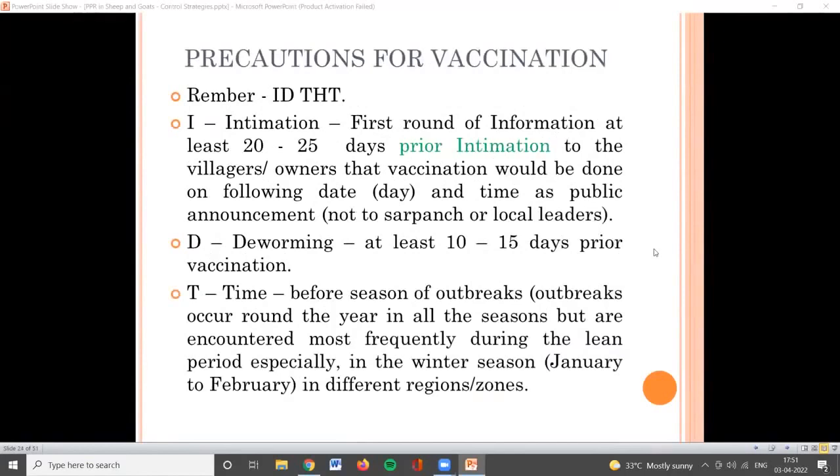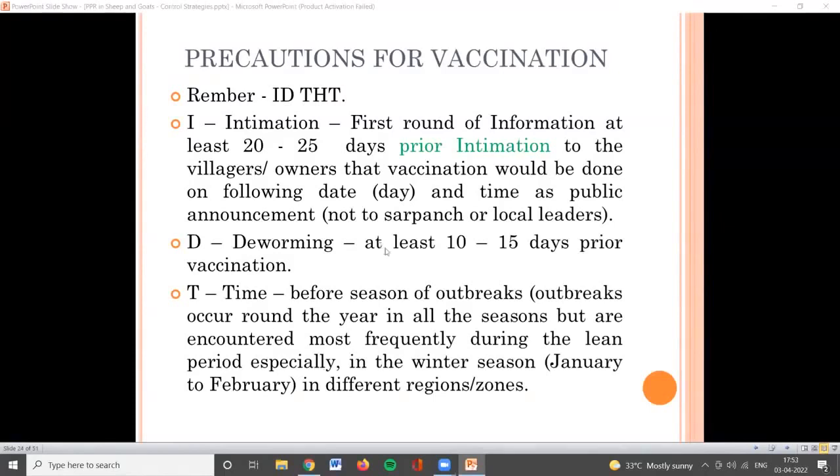Precautions for vaccination are a very important point, often neglected by the vaccinators and the owners of the animals. We must remember the IDTST. I means intimation: we must intimate the owner that we will vaccinate the animals.